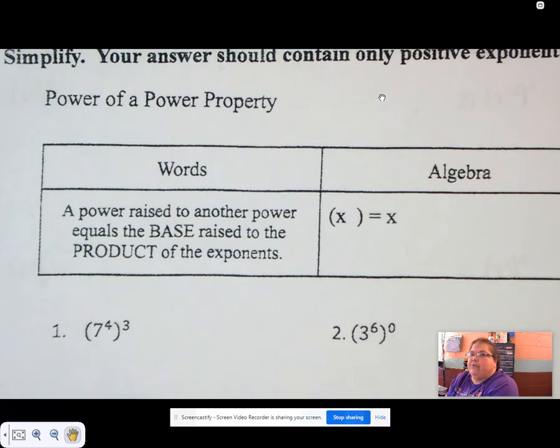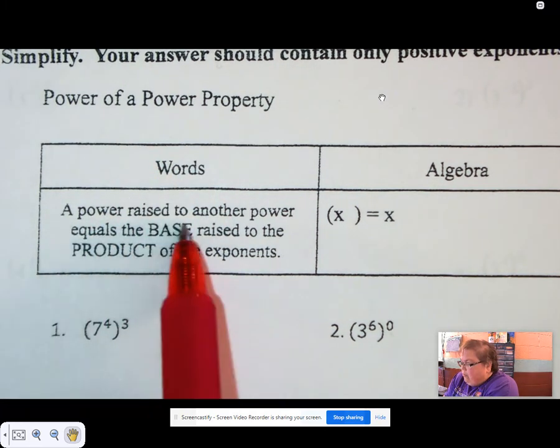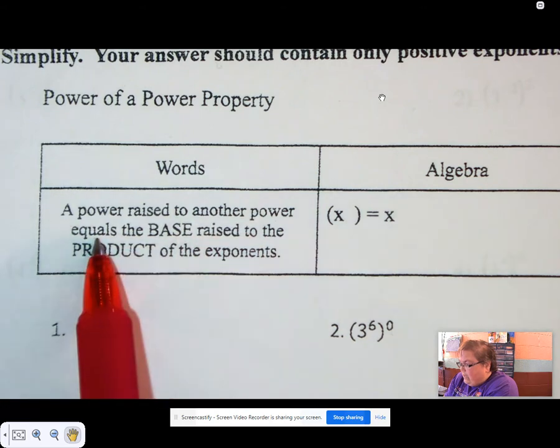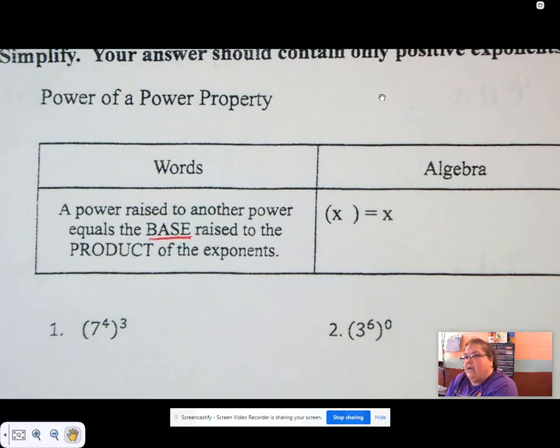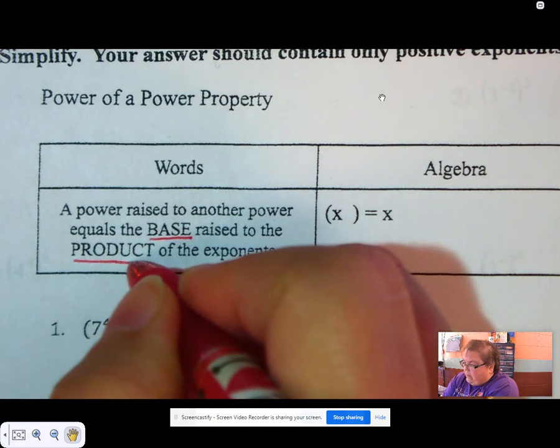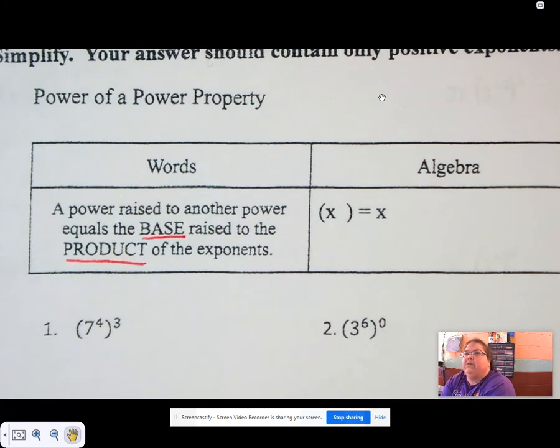A power raised to another power equals the base raised to the product, which means I multiplied, of the exponents.